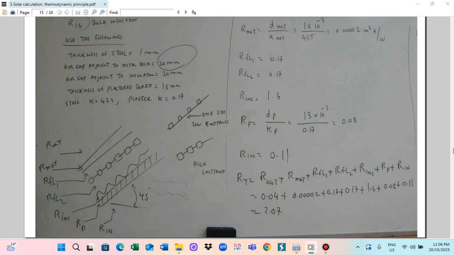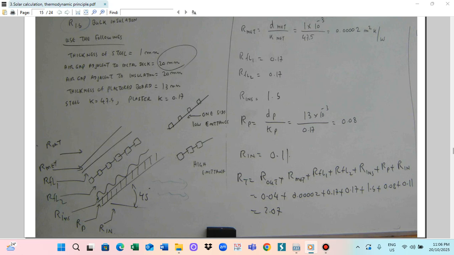So RFL1 is 0.17, and RFL2 also 0.17. We calculate. And our insulation: our insulation you don't need to calculate, because it's given as 1.5. The R 1.5 bar insulation is already given.